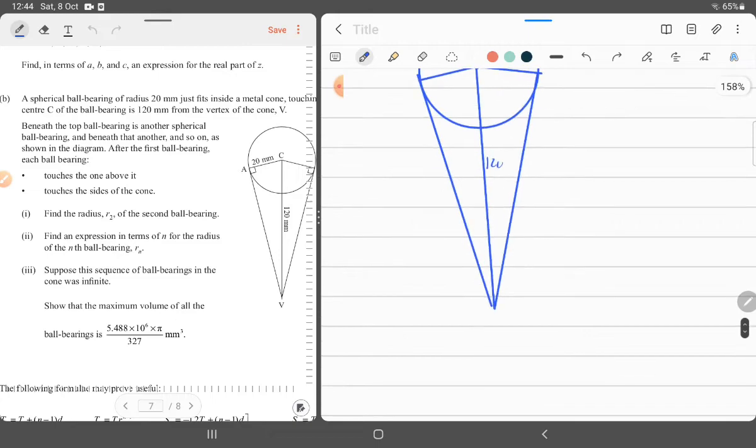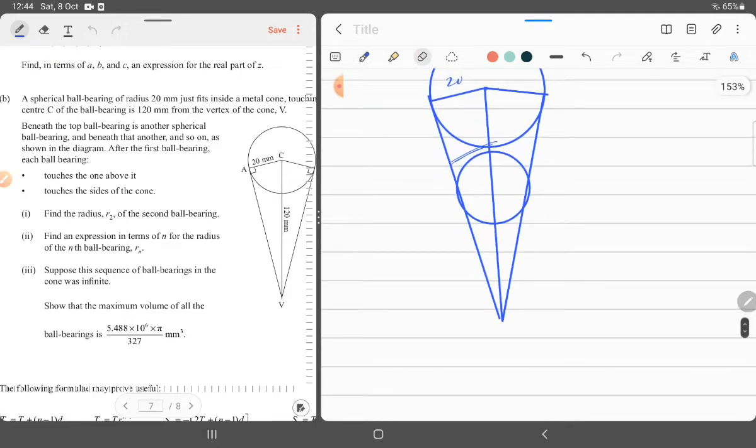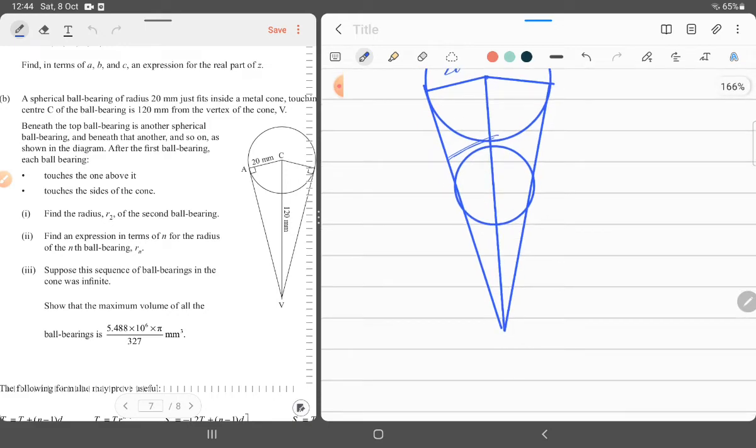We want the next thing from here to here. Okay, so from here to here is 100. So from this point down to here is 100.